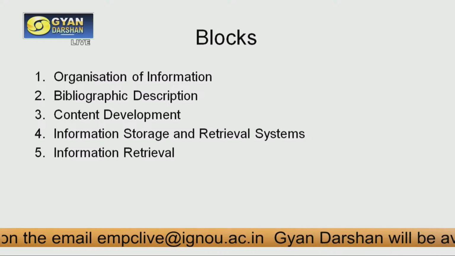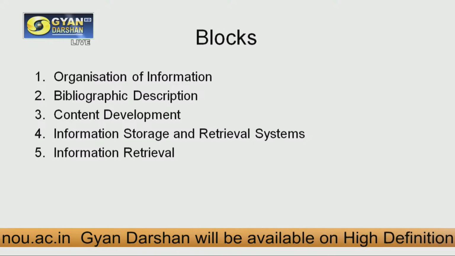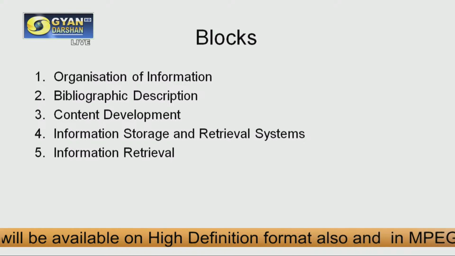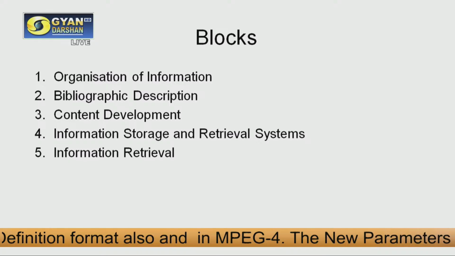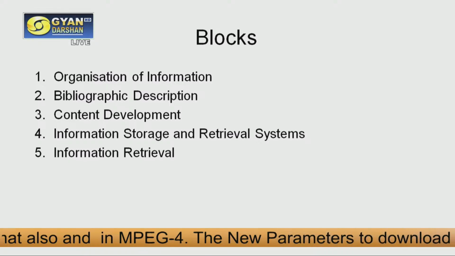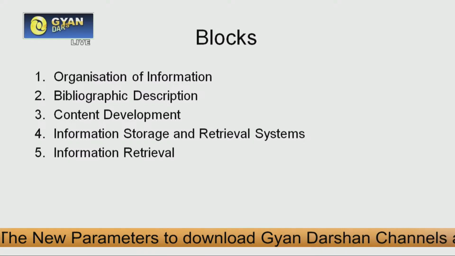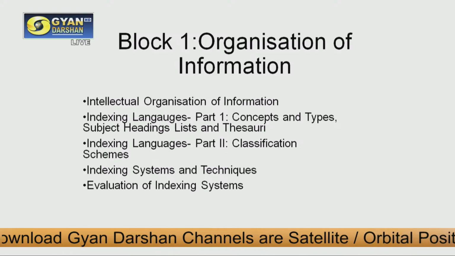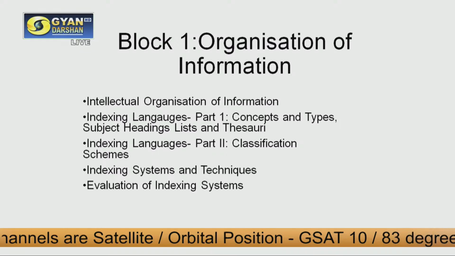The course is very systematically organized, because we start with information organization, wherein we discuss intellectual organization of information. I'll talk about this when I talk of unit 1. In block 1, it is intellectual organization of information, that is unit 1.